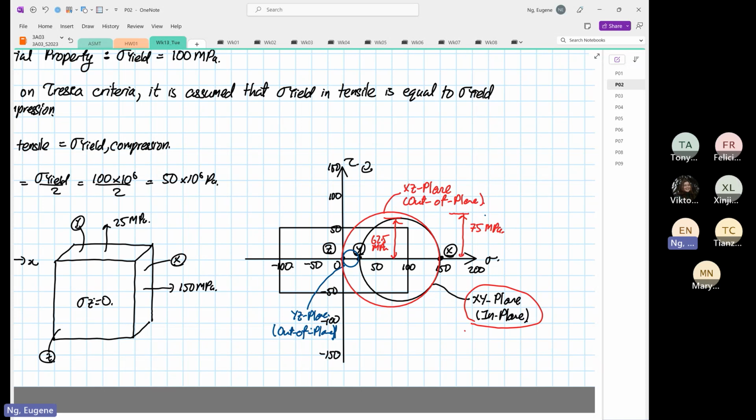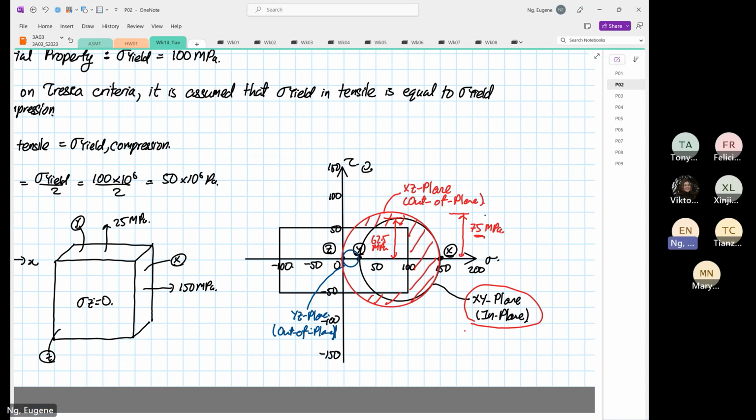That's not true. Okay, the true value is what? 75. Okay, so this is one case. So the material will yield already because this portion of the Mohr circle is outside the box. At any time when it's outside the box, right, the structure will yield. As long as any of the circle goes outside, it will yield.